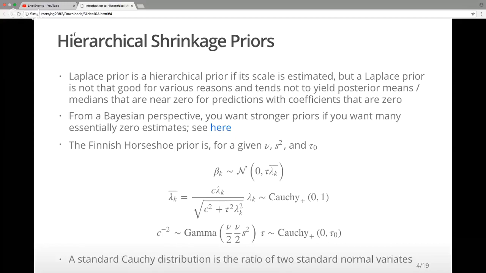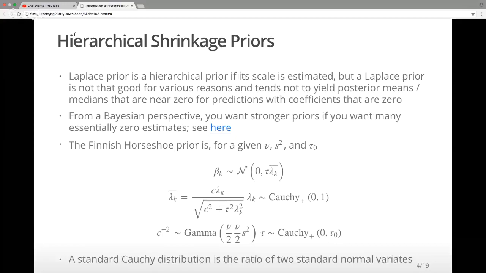So lambda bar k is equal to c times lambda k divided by the square root of c squared plus tau squared lambda squared k. There's actually a space here, so those are separate. Okay, so now our beliefs about lambda bar k depend on c and lambda k.